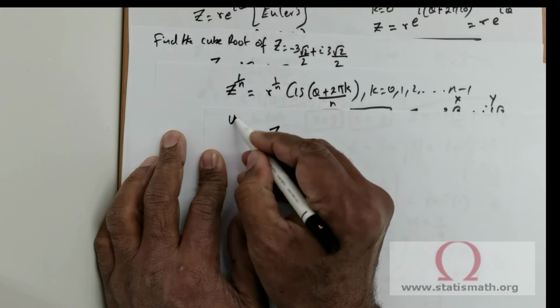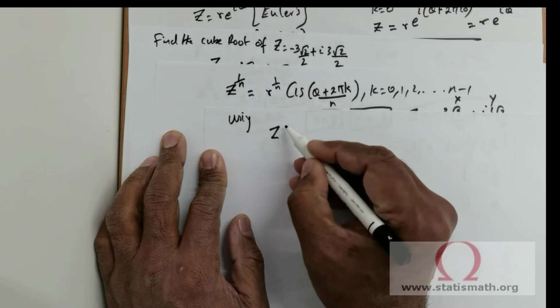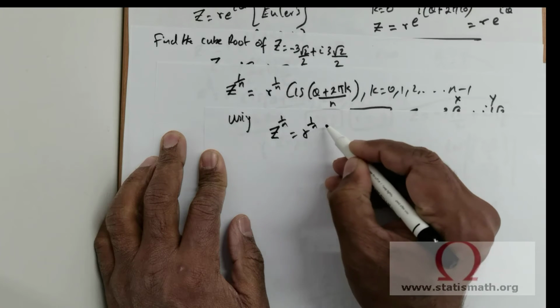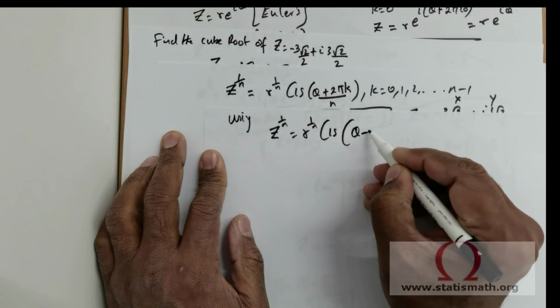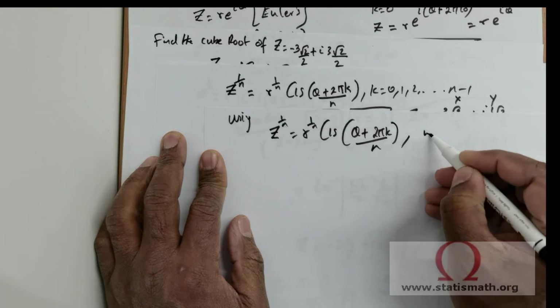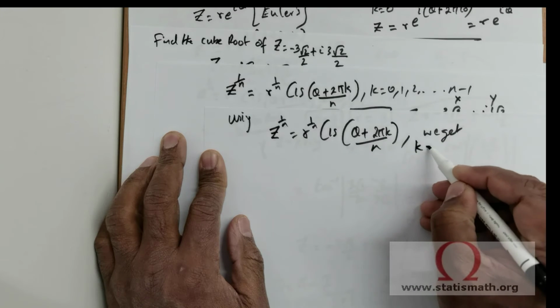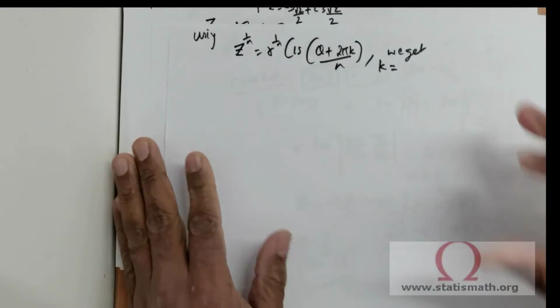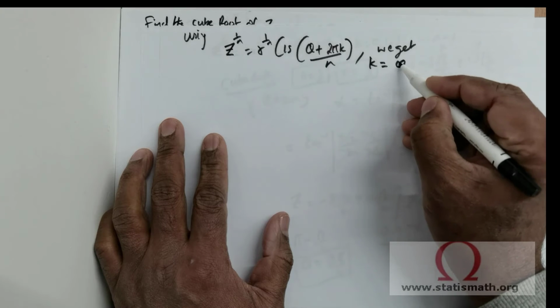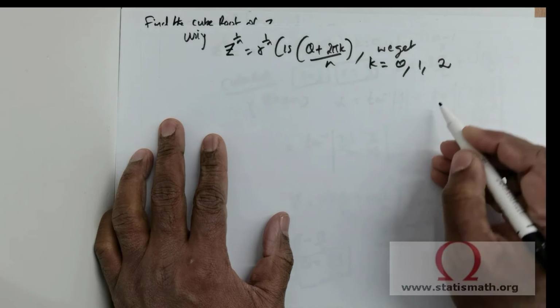So using z raised to the power 1 over n is equal to r raised to the power 1 over n cis of (theta positive 2 pi k) divided by n, of course the value of k, we are expected to find the third root. So k is going to be 0, 1 and 2.